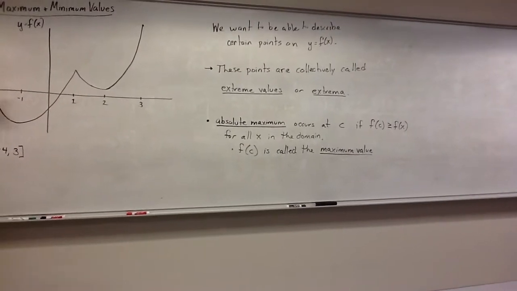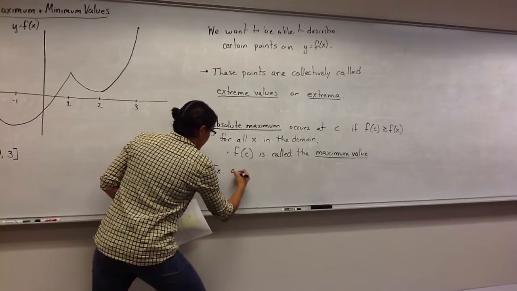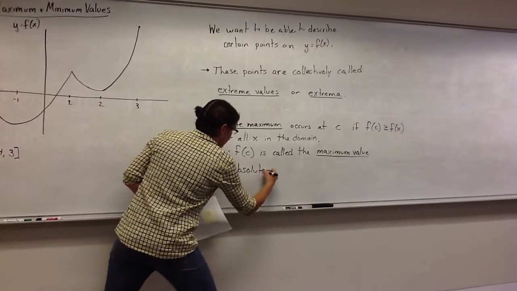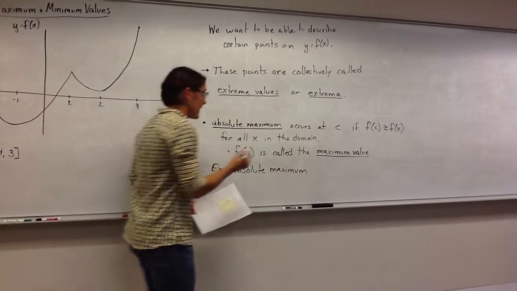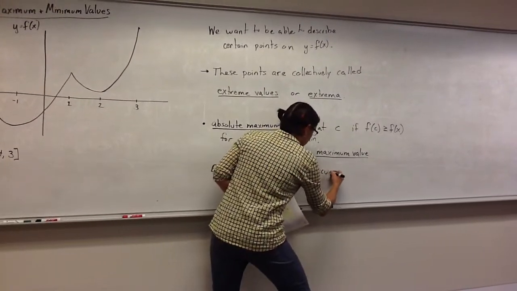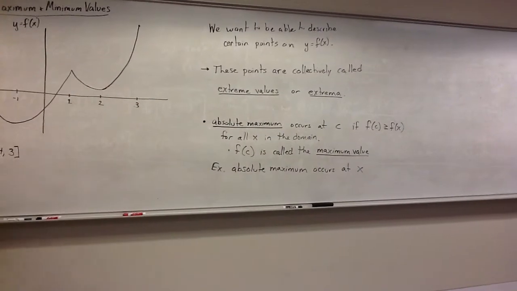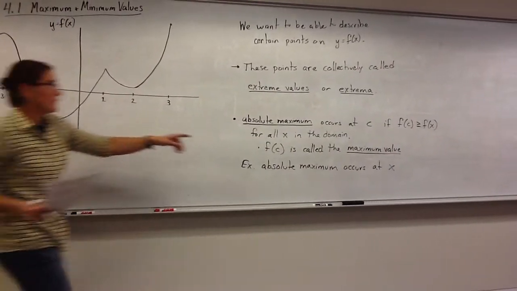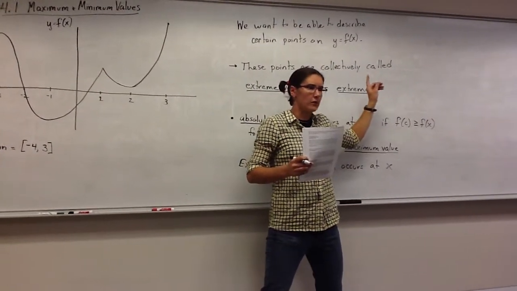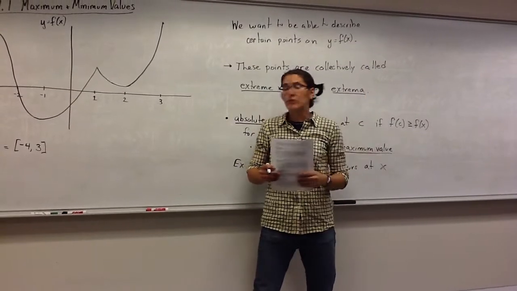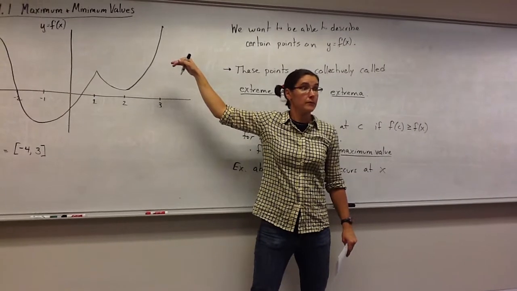All right, so on our example over here, we have an absolute maximum, and the absolute maximum occurs at the x value c where the y value that corresponds to c is greater than or equal to every other possible y value on our graph.